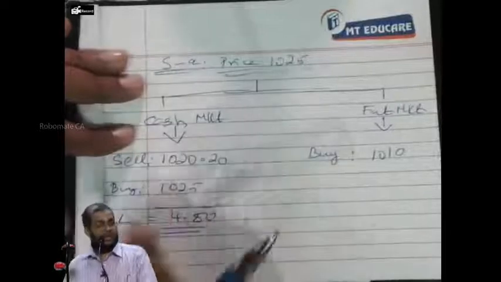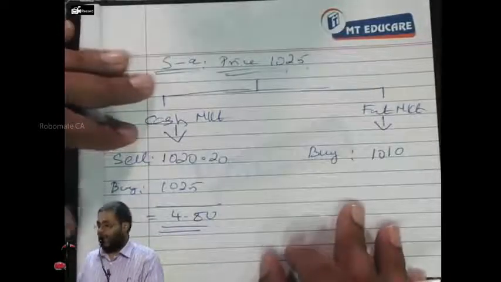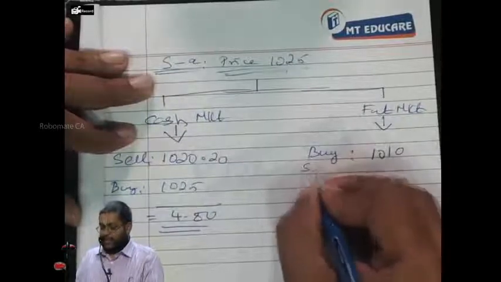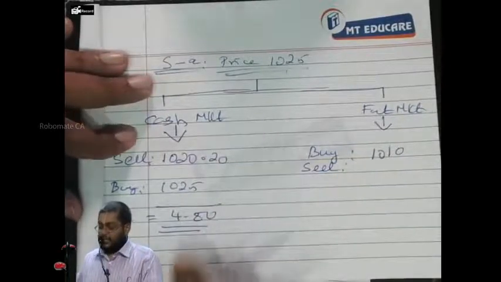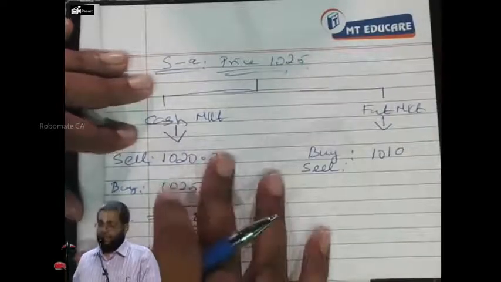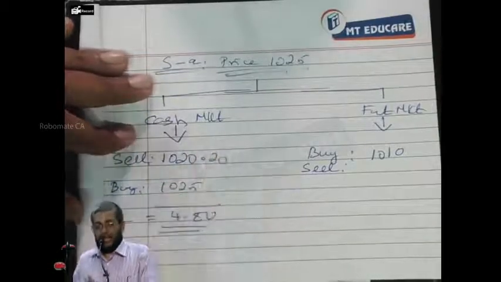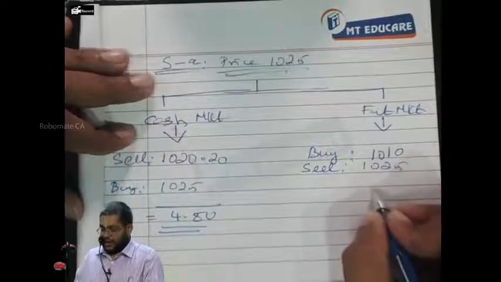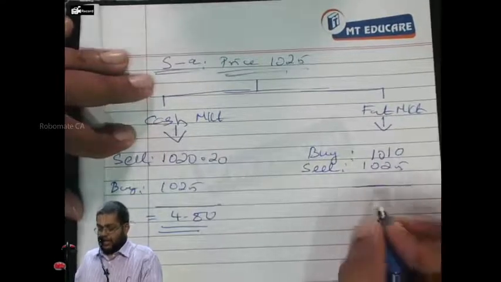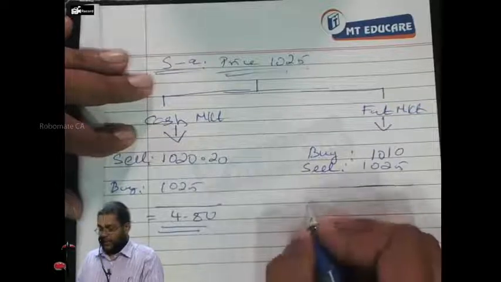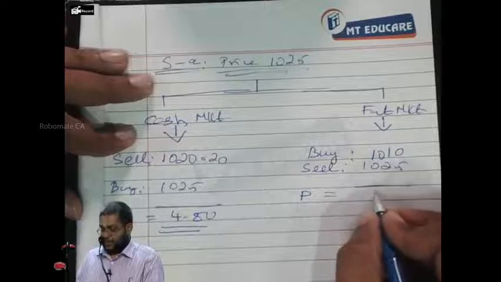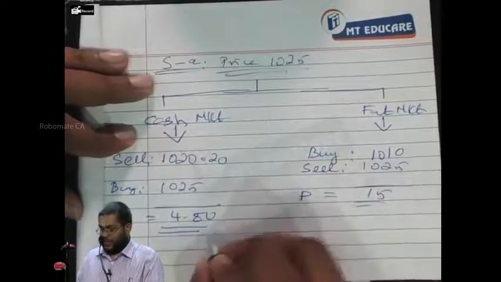Now the Nifty futures buy is closed with a sell. On the last day, the Nifty is the same as futures because of convergence. I bought at 1010 and the counter is at 1025. Profit or loss? Profit of 15.